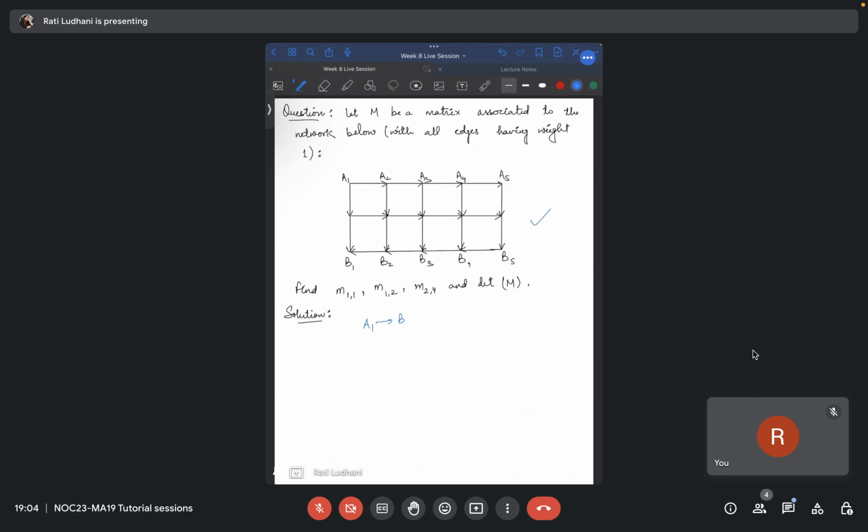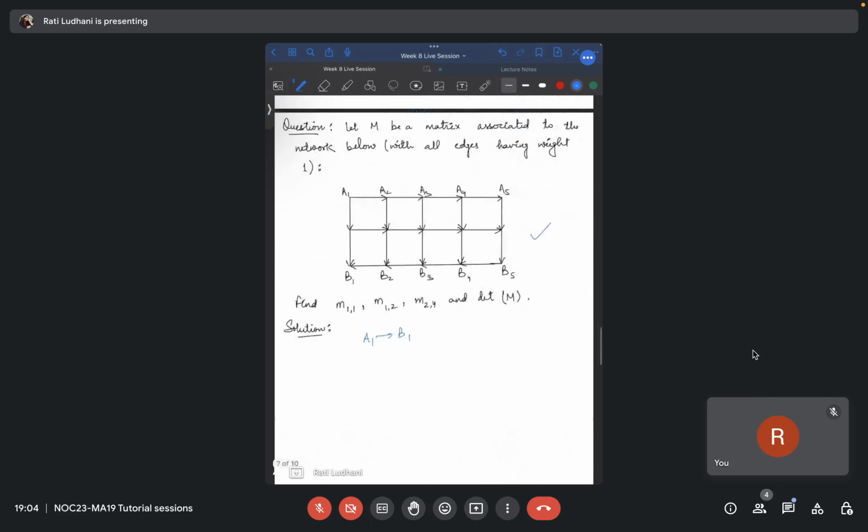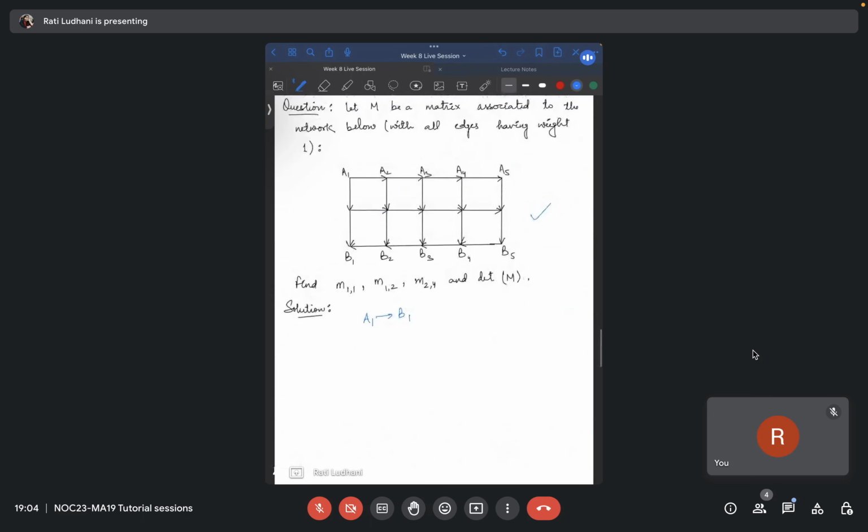Here you can see this is somewhat big compared to the previous one, so we'll try to find some formula or something. Okay, so let's see, from A1 to B1, what do you have?